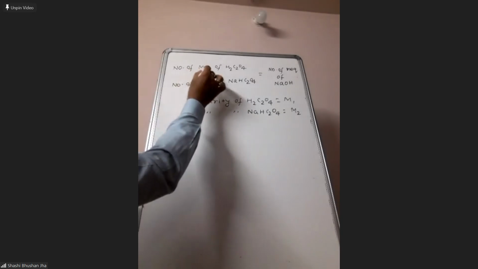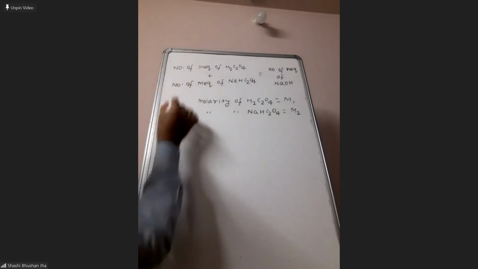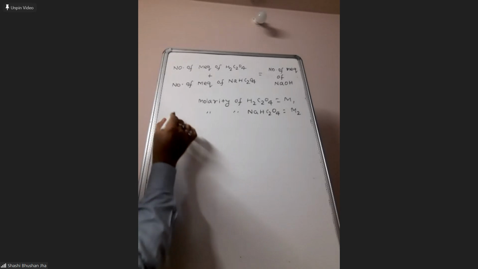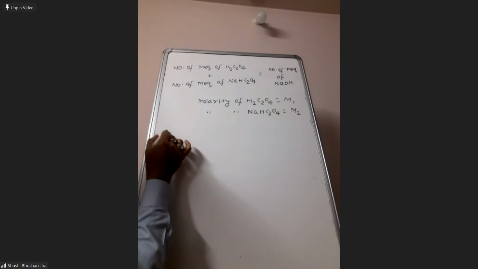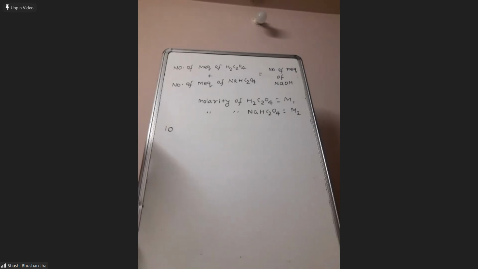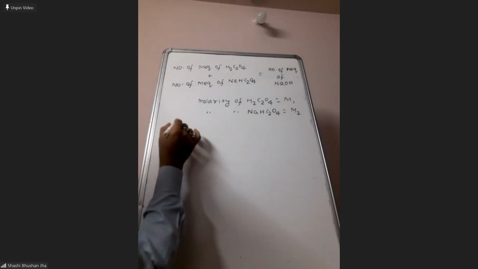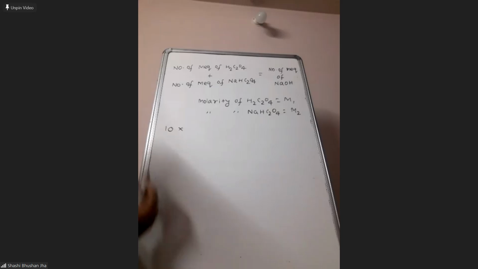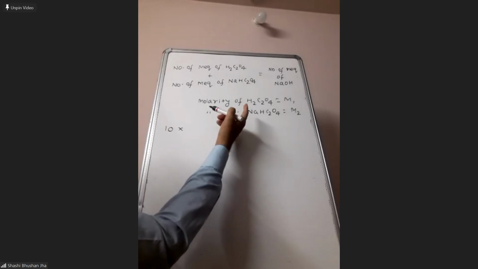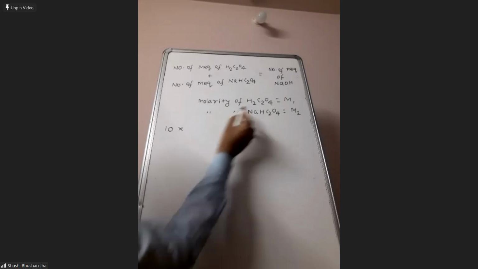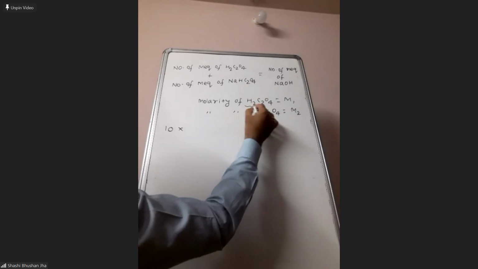Now, number of milli equivalents of oxalic acid will be volume of solution in milliliter, which is 10 ml, multiplied by normality of oxalic acid. Now, normality of oxalic acid will be molarity multiplied by N factor. So, N factor of oxalic acid will be taken as 2.